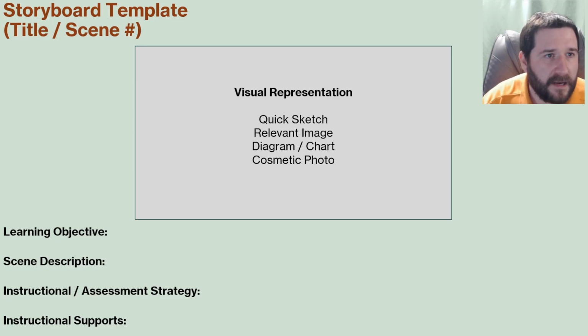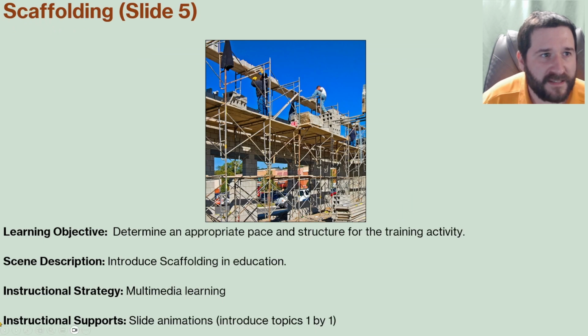As we take a look here, here's an example of my slide today. On slide 5, I was talking about scaffolding. Here is the picture I wanted to use for that slide. It is an example of literal scaffolding so that I can build that connection between building a house and building knowledge.